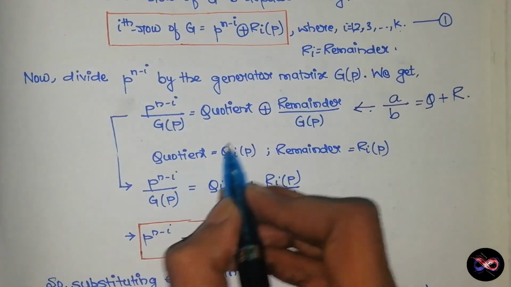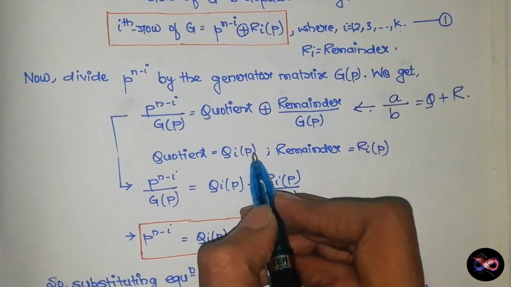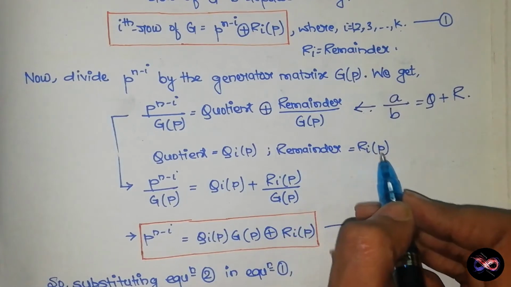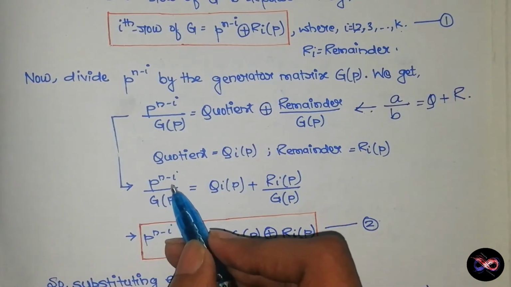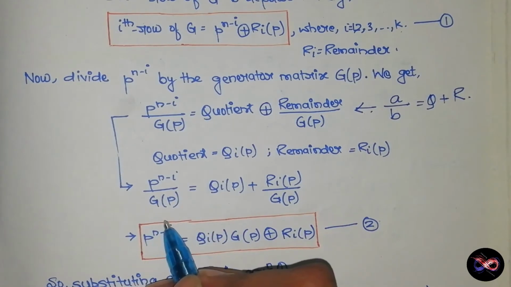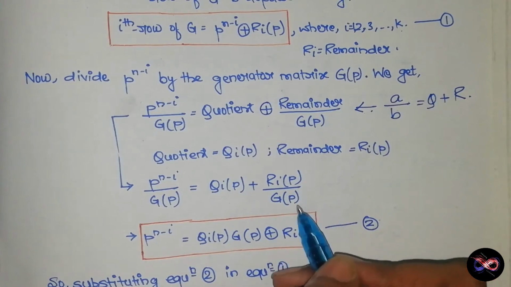Now we assume the quotient to be q_i(p), as it is a polynomial of p, and the remainder to be R_i(p). So we can rewrite this equation as p to the power n minus i by g(p) is equal to q_i(p) plus R_i(p) by g(p).